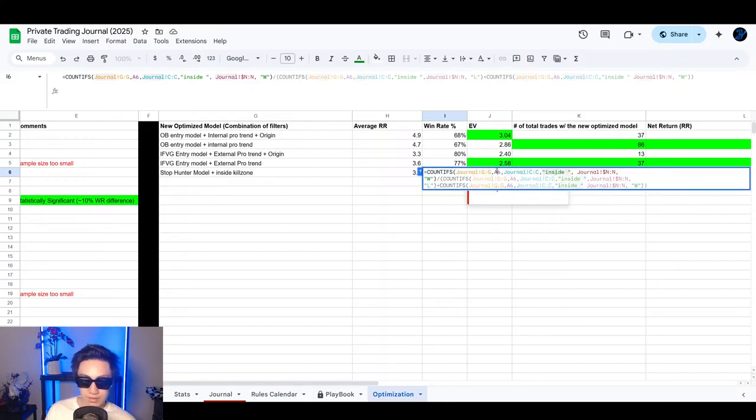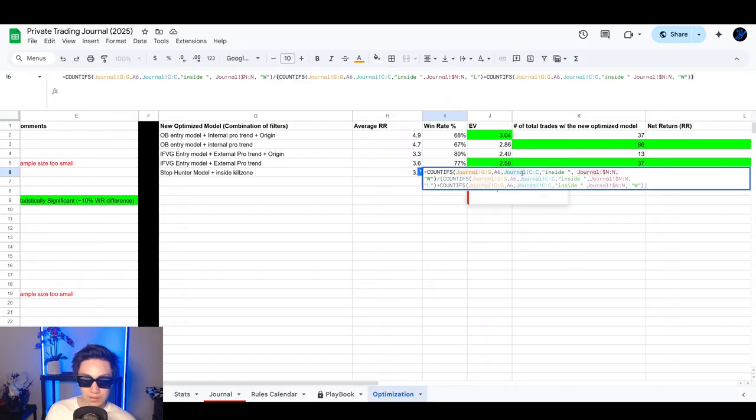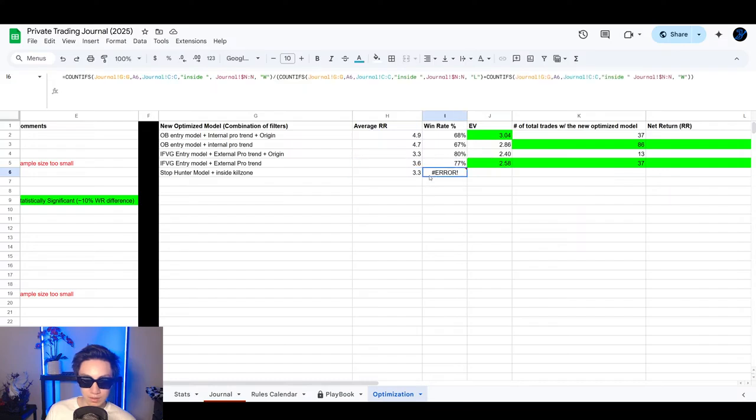This is inside strategy inside kill zone. Oh, wait. No, that's right. This should be, oh, we missed this. That's all we needed.